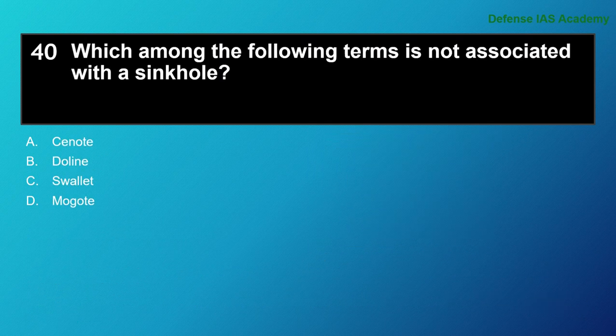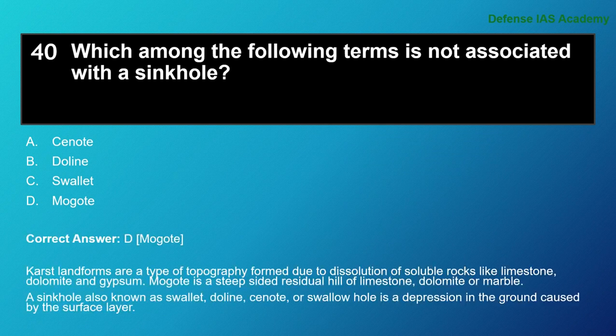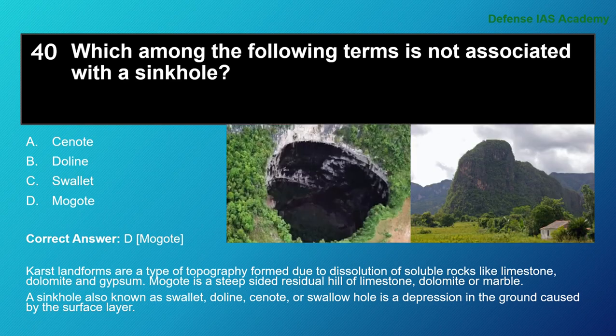Question 40. Which among the following is not associated with a sinkhole? The answer is option D, Mogote. The Mogote is a kind of karst landform. So, what is a karst landform? It is a type of landform formed due to the dissolution of soluble rocks like limestone, dolomite, and gypsum.